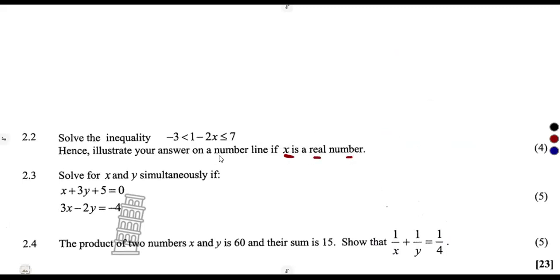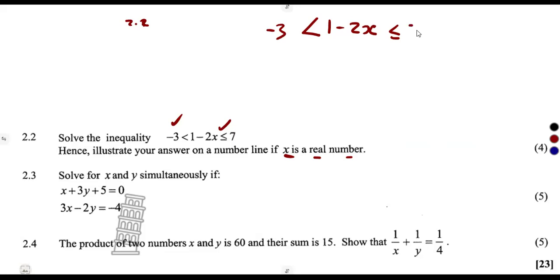Remember, real numbers can be represented on a number line. So how are we going to solve this? Actually it reads 1 minus 2x is greater than -3, but less than or equal to 7.